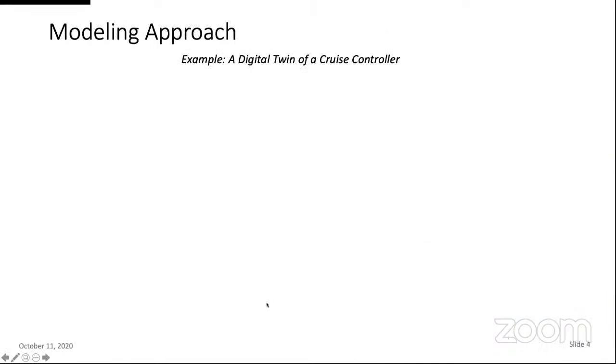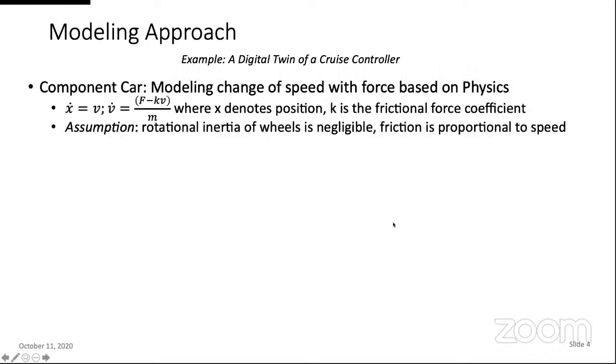So if we look at the modeling approach, I'll take a simple example. I could have taken some examples from the industry, but that might have some confidentiality issues, which is why I'm sticking to a very standard, familiar example of a cruise controller. If you are to build a digital twin of it, one could be the component.